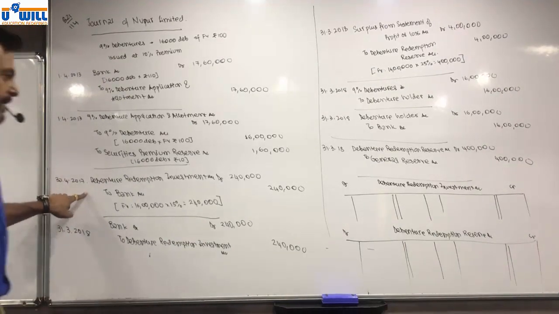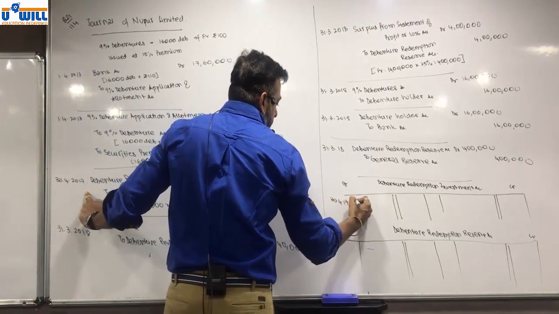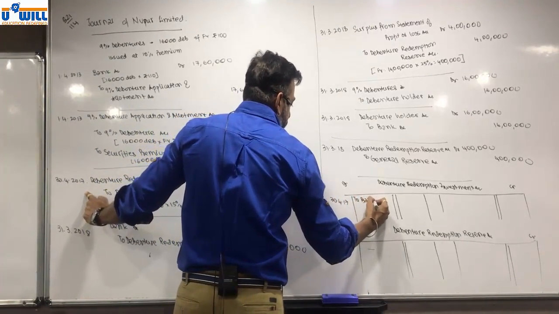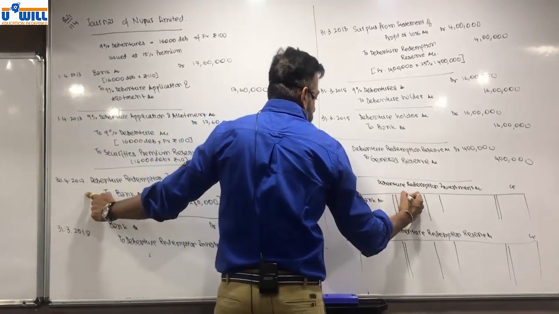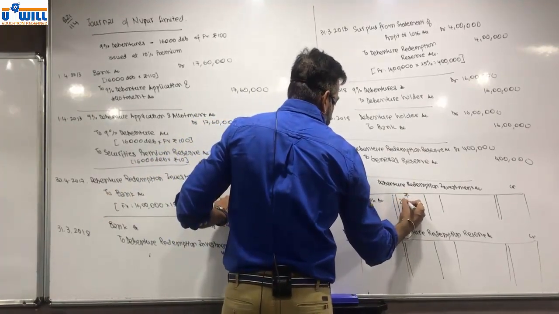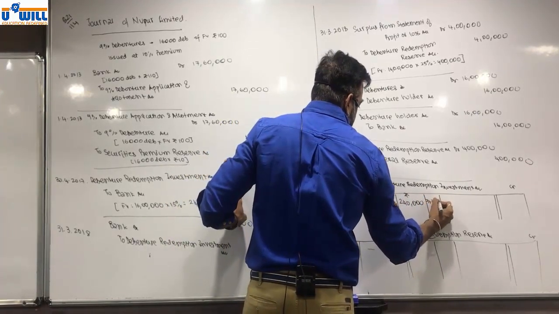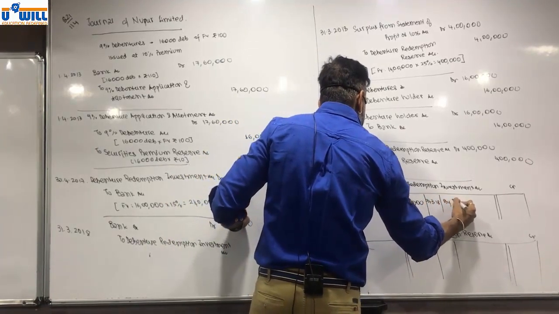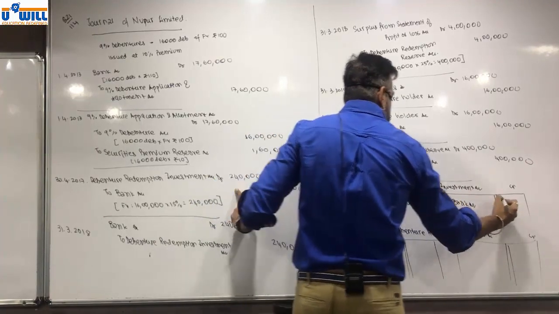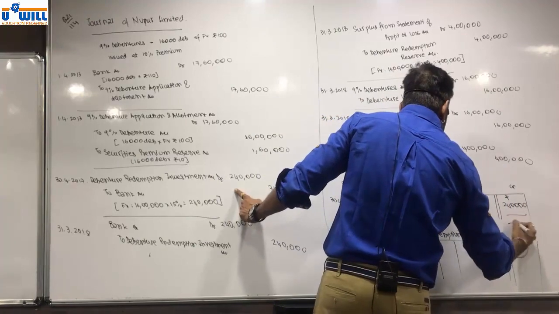Debenture redemption investment account 2017 to bank. Amount is 2,40,000 and by bank 2,40,000. Close it.